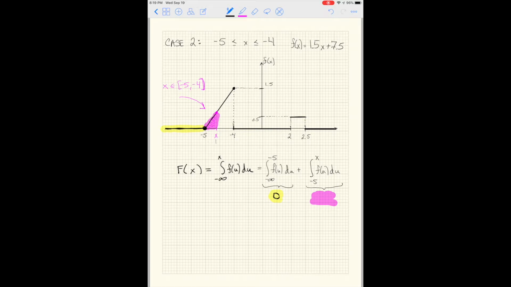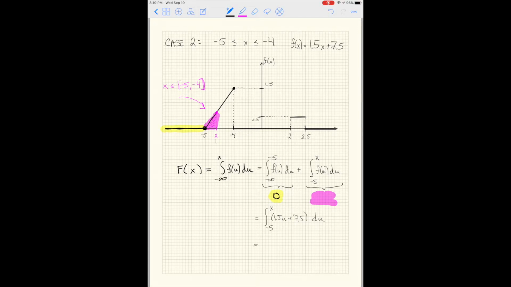So because that's equal to 0, I can just get rid of that, and I'll just say it's the integral from -5 to x of 1.5u plus 7.5 du.